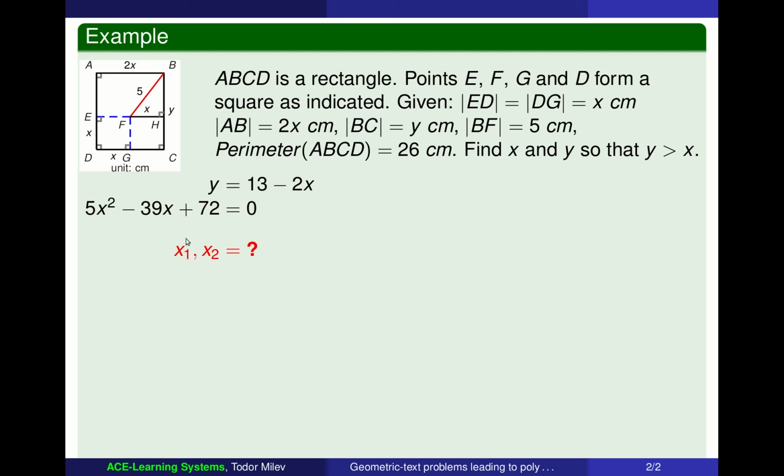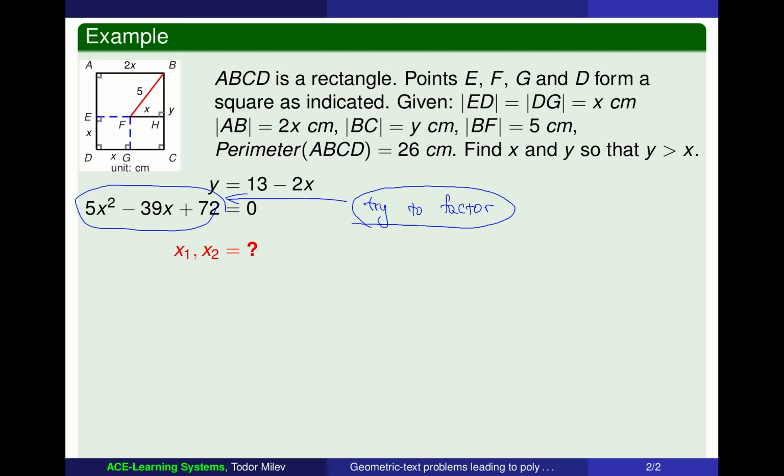Now, you could try to factor this quadratic. You could try to guess a factorization. Based on my experience solving problems, I find that a quadratic with such large numbers, 5, 39, and 72, is difficult to factor, or it's difficult to guess the factorization of such a quadratic.